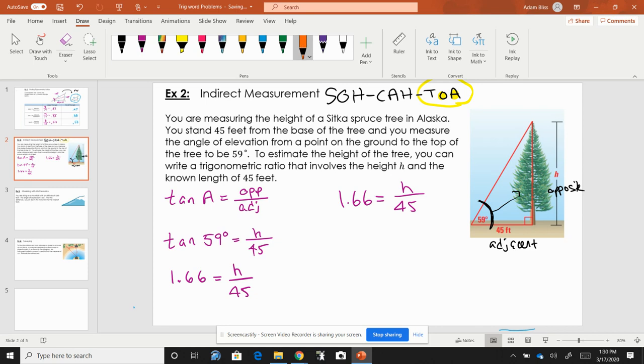I need to multiply both sides by 45. The opposite of dividing by 45, multiplying by 45. So these guys are going to cancel out. And 1.66 times 45, I got about 74.7.